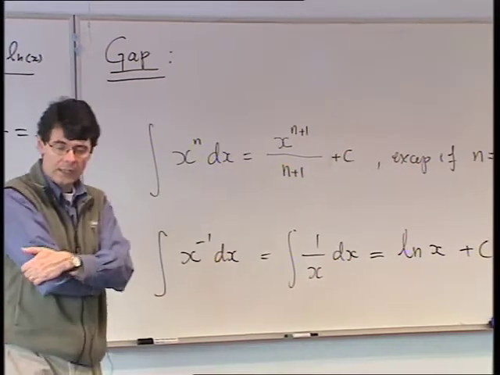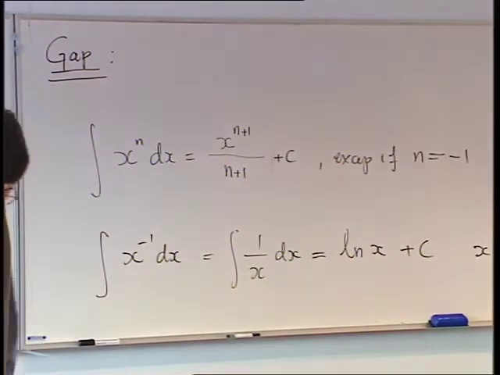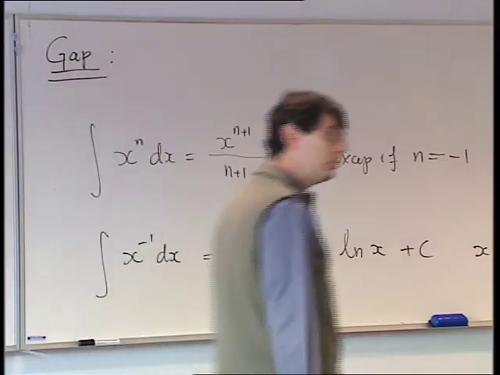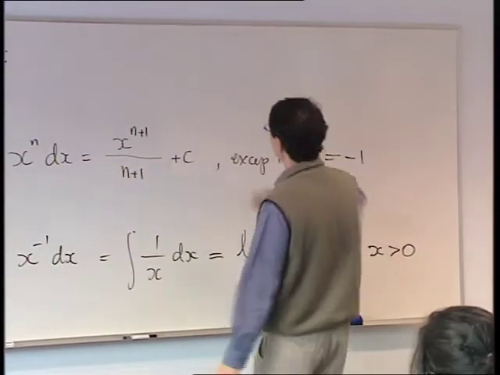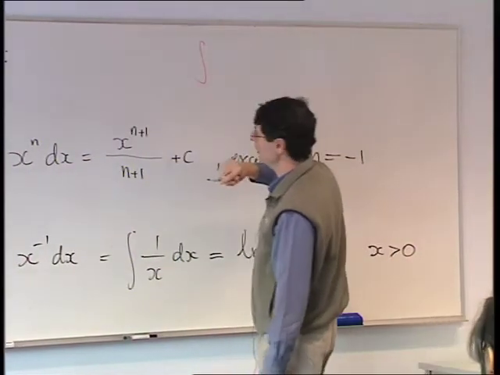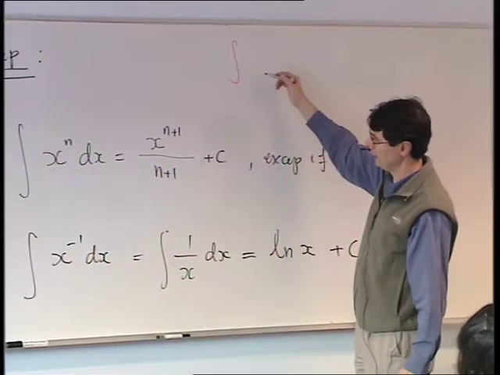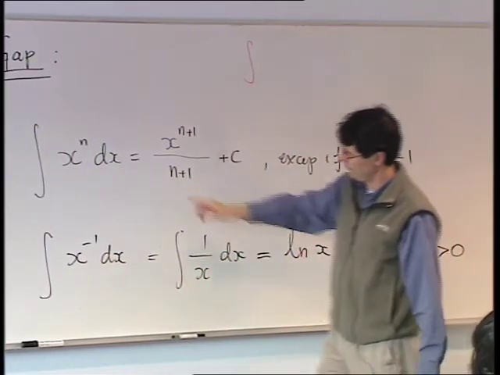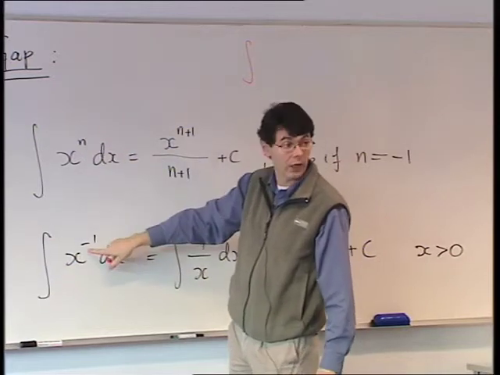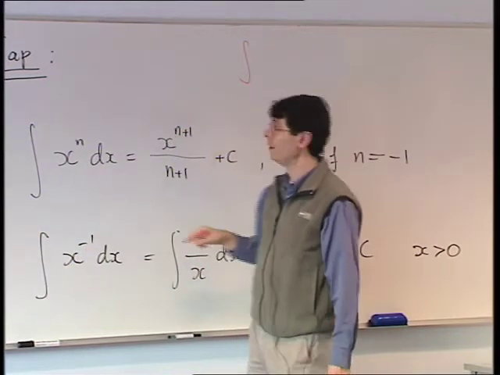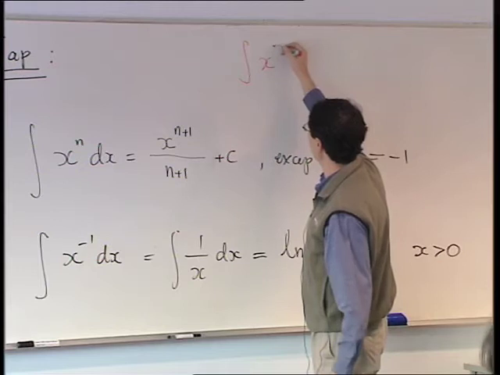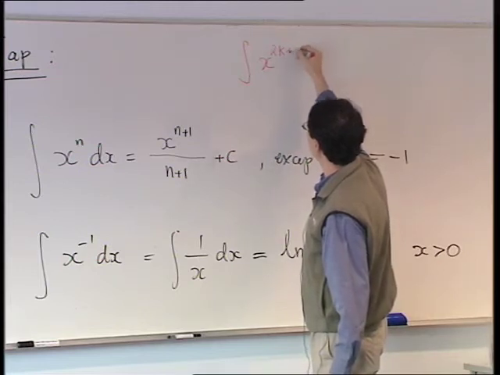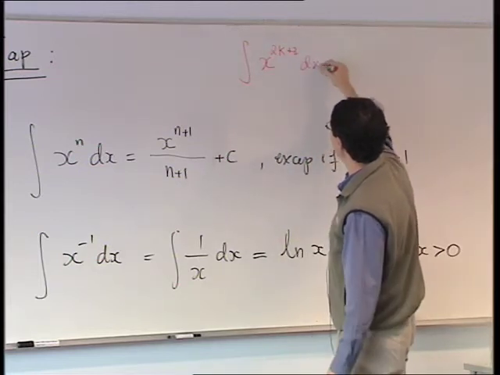I'm going to write the next line in red. Extremely common mistake. People who need to do an integral forget that when the exponent is -1, the formula is different. So they have to do x to the 2k plus 3 dx.